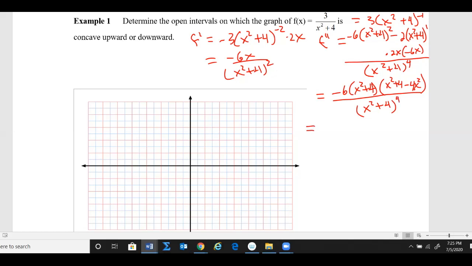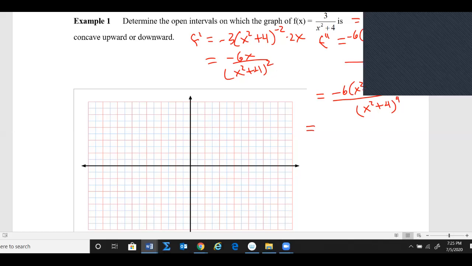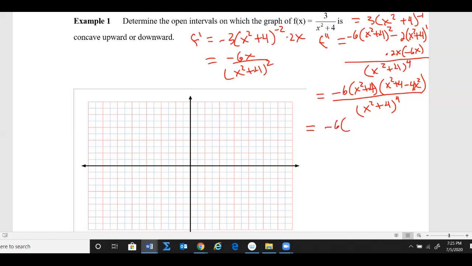And then we'll do a little canceling there. Looks like we're going to have a 4 minus 3x squared up top and an x squared plus 4 to the 3rd power down here. Okay, now that's our second derivative.